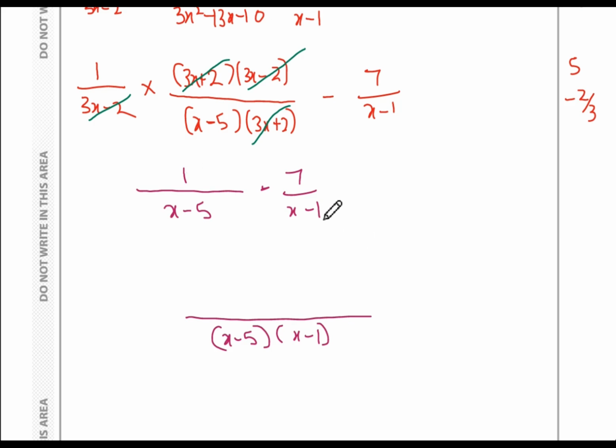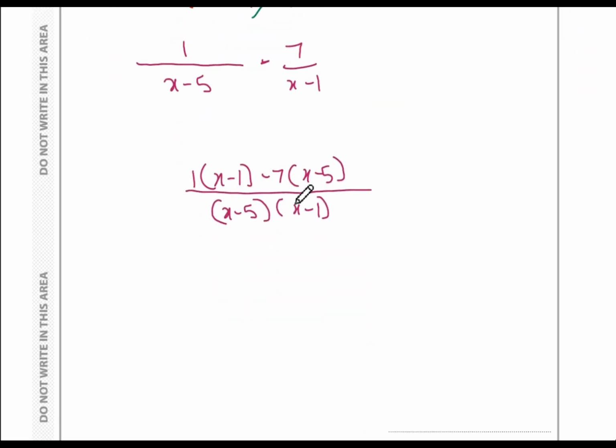So 1 would be multiplied by x minus 1, and minus 7 would be multiplied by x minus 5. And expanding our numerator: 1 times x, 1 times minus 1, and minus 7 times x, and minus 7 times minus 5.